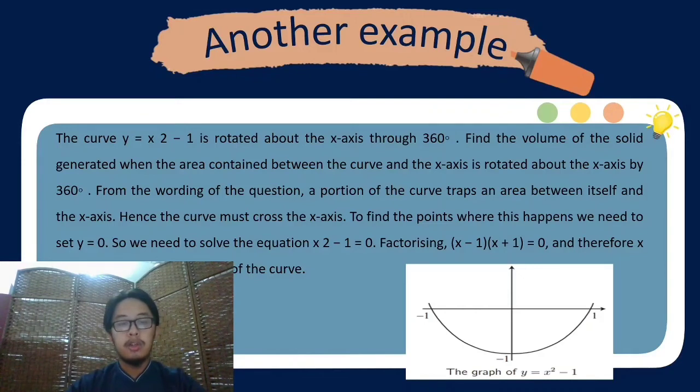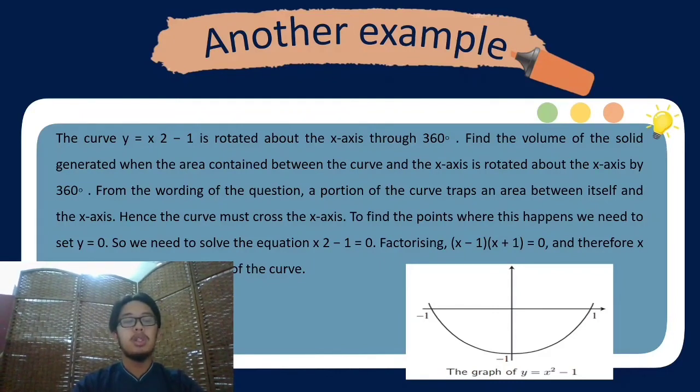Hence, the curve must cross the x-axis. To find the points where this happens, we set y equal to 0. So we need to solve the equation x squared minus 1 equals 0. Factorizing, (x minus 1)(x plus 1) equals 0, and therefore x equals 1 or x equals minus 1. Here is a sketch of the curve.